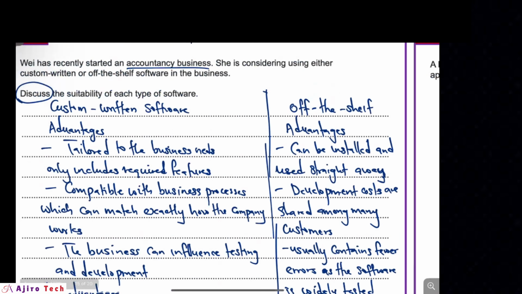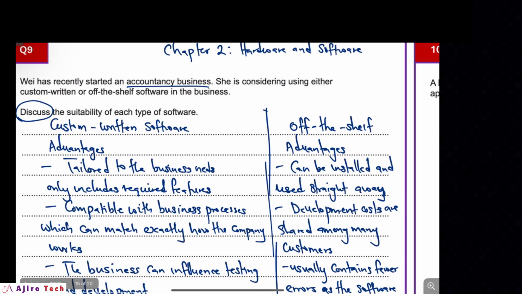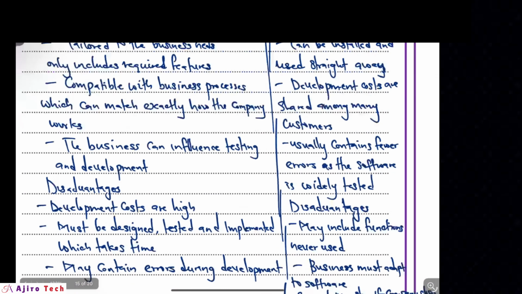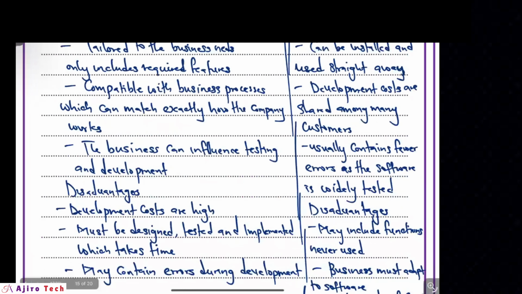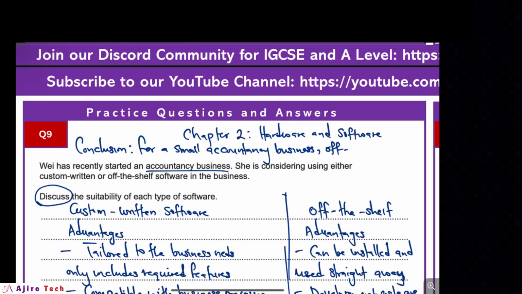Okay. So this is how you answer questions like this, and you discuss both of them, and you can also bring in a conclusion, right? So my conclusion will be, for a small business, for a small accountancy business, off the shelf, it's just small.